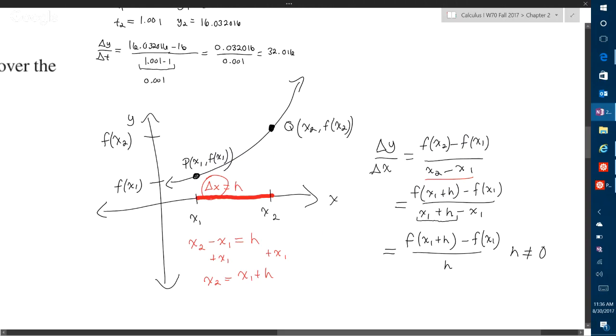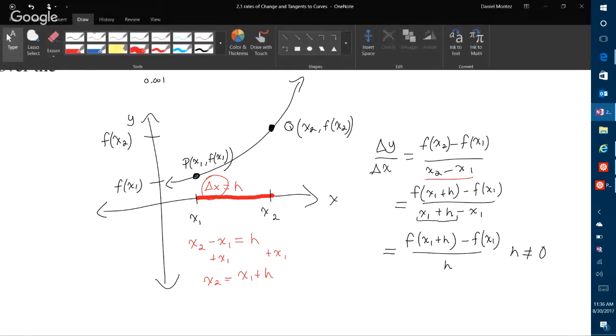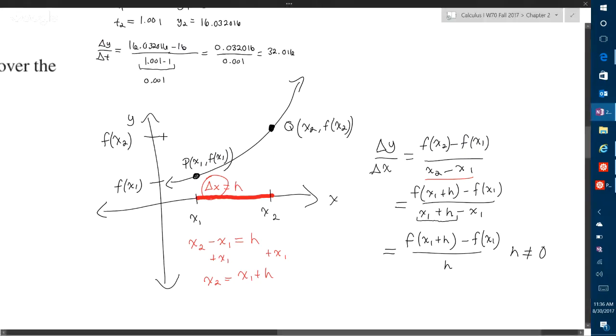Now going back to this graph here, P and Q. I'm going to connect these with a line. This line has a name.